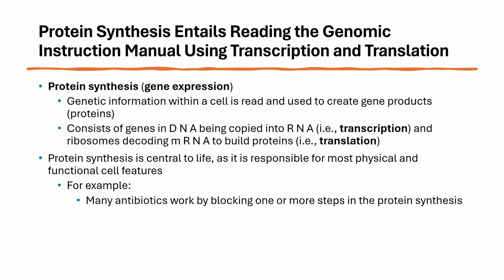And then those transcripts are brought to the ribosome as messenger RNAs, and they build proteins through a process of translation. So to summarize that, the gene is in the DNA. And when it needs to be expressed, it will be transcribed to a messenger RNA, and that messenger RNA will be translated to a protein.